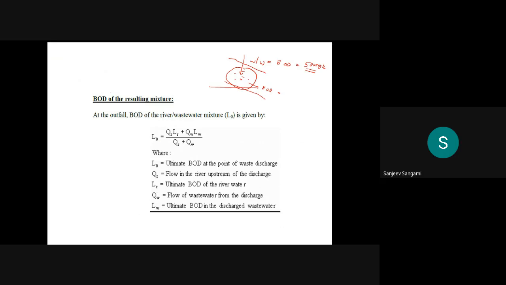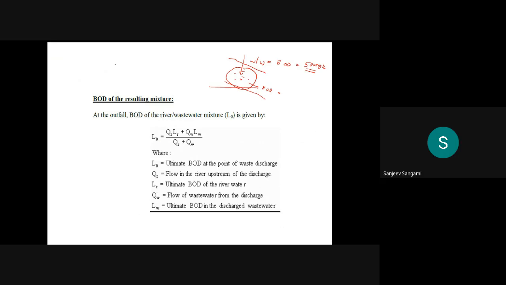QR is the flow upstream of the discharge, and LR is the ultimate BOD of the river water. QW is the flow of wastewater from the discharge, and LW is the ultimate BOD of the discharge wastewater.